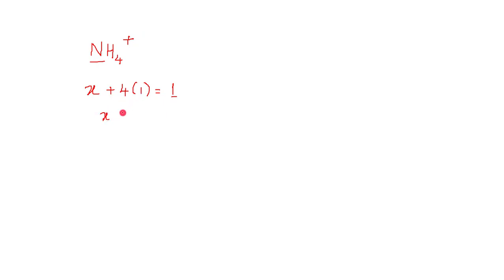X plus 4 into 1 is plus 4 here, equal to 1. X is equal to 1; 4 you take on the other side, it will become -4. So X is equal to -3. Oxidation number of nitrogen in this ion is -3. Okay.